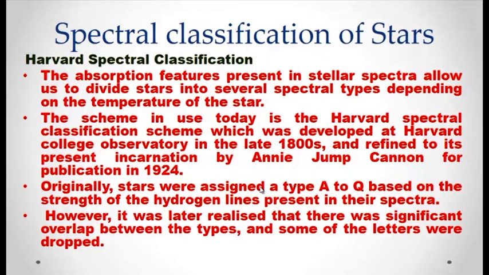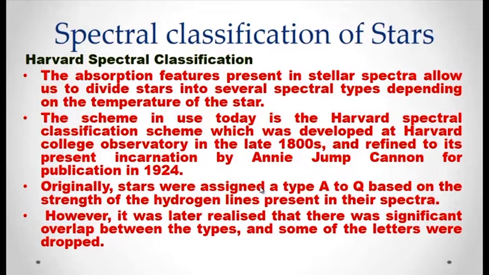Originally, stars were assigned a type from A to Q based on the strength of the hydrogen lines present in their spectra. You know, in spectroscopy, the hydrogen absorption spectrum is the very basic concept to classify the spectra of atoms. Like that, here the hydrogen line absorption of a star was used to classify it from type A to Q in the 1800s itself by Harvard astronomers and scientists.